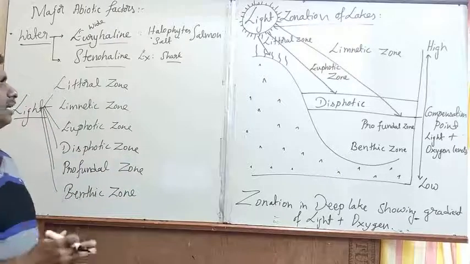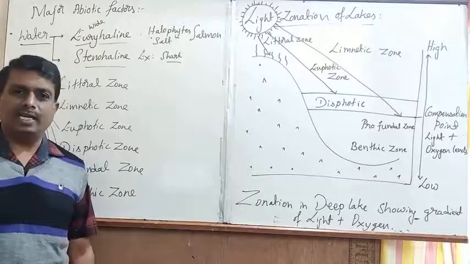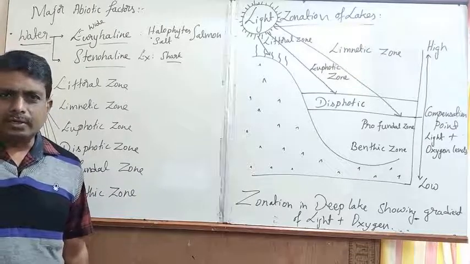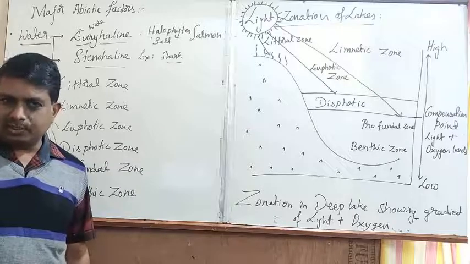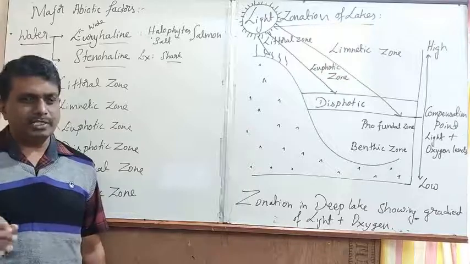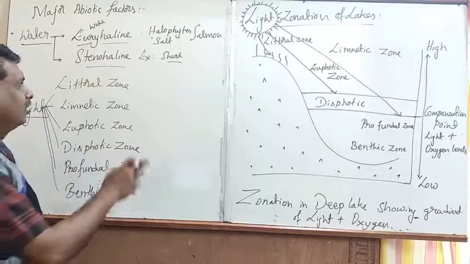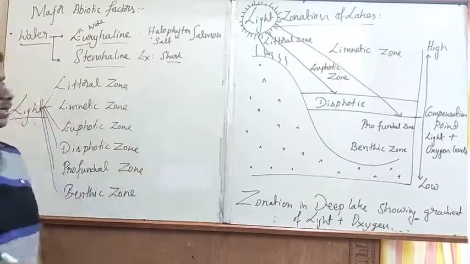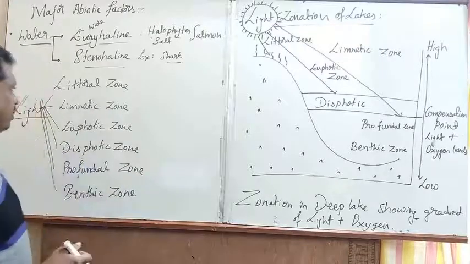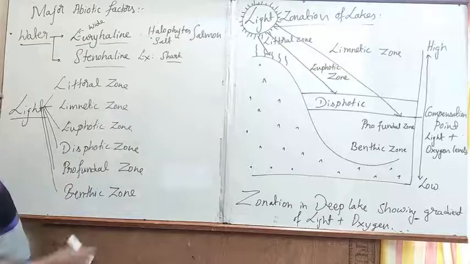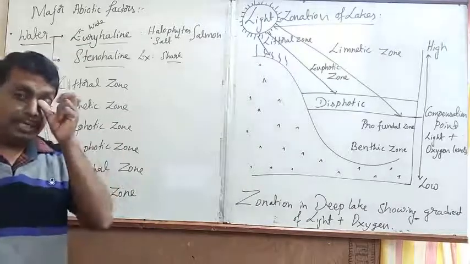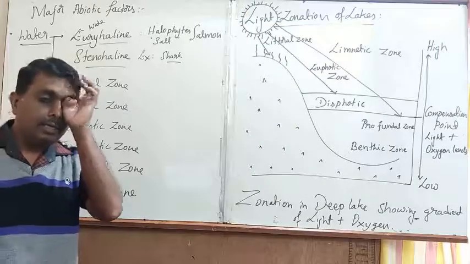One of the classical examples of stenohaline is the shark, restricted to a narrow range of salinity. Slight fluctuation in salt concentration leads to the death of the organism. This is with reference to the main important features of one of the major abiotic components, water.